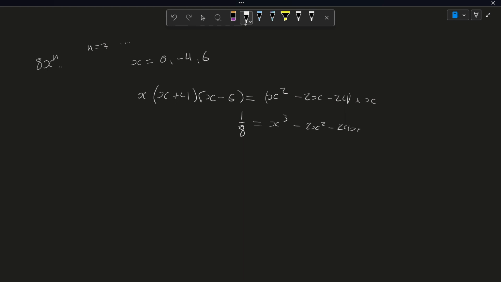I need to move this over. How do I do that? Then this is 0, so you just multiply everything back.